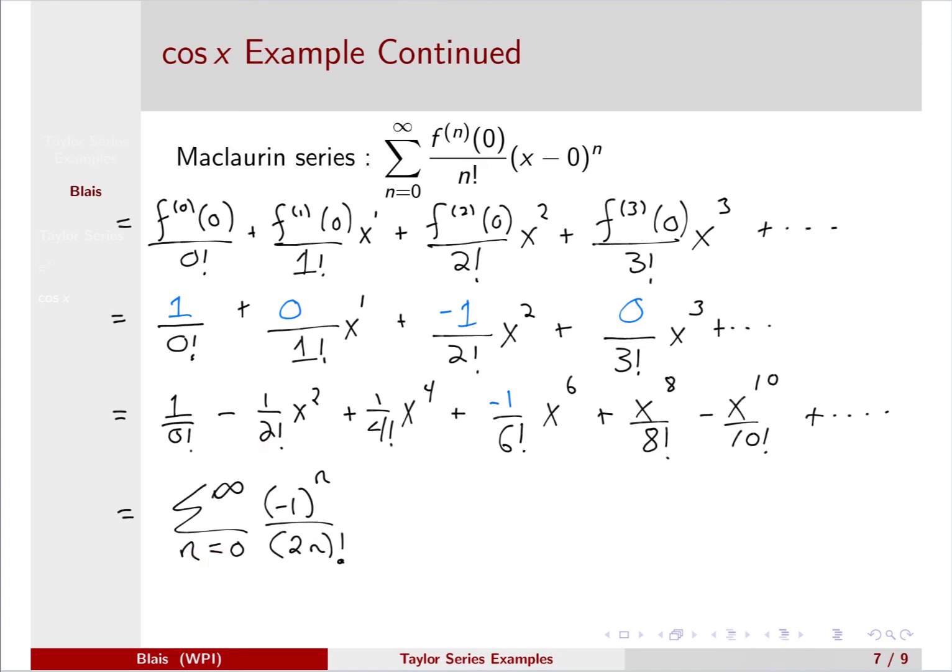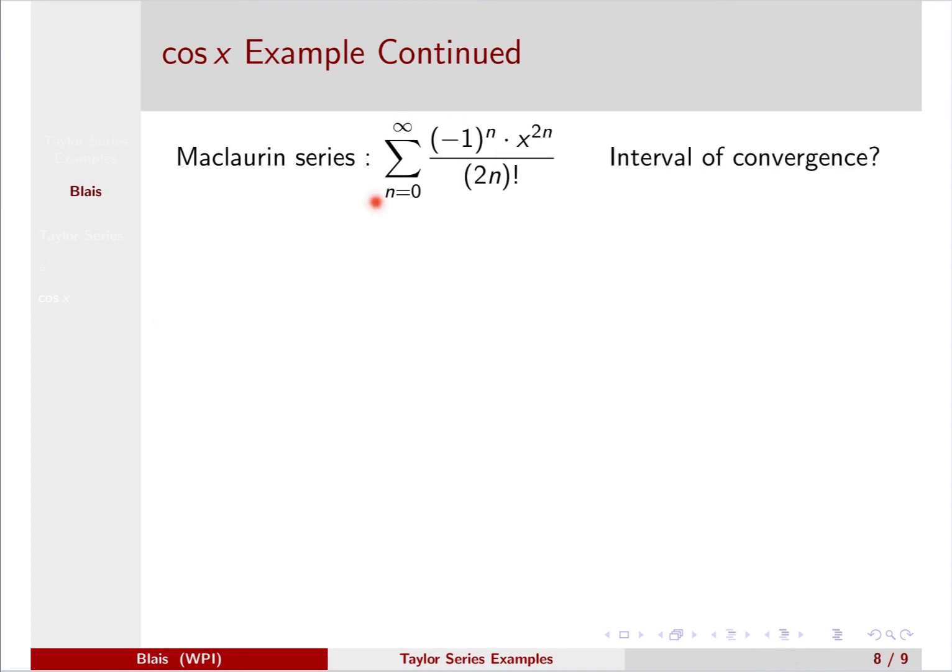When n is 2, we get a 2 times 2 or 4 factorial. When n is 3, we get a 2 times 3 or 6 factorial. So we've captured that. And then notice that the power of n matches the number from the factorial. And we have x to the 2n. And this is the famous Maclaurin series for cosine of x.